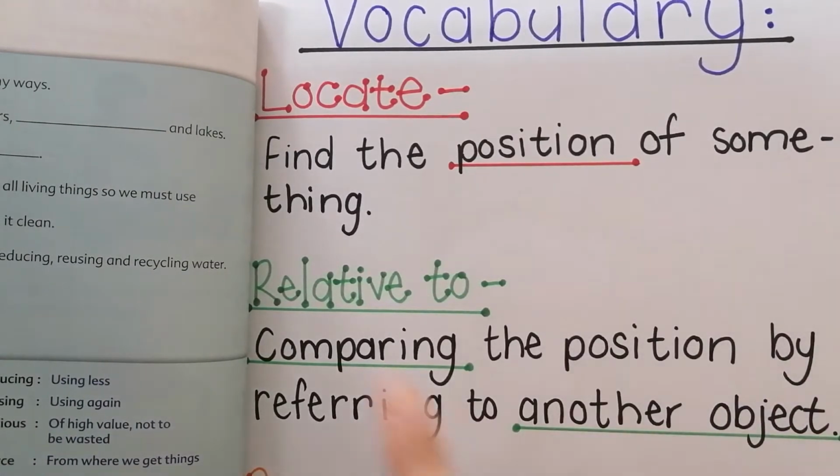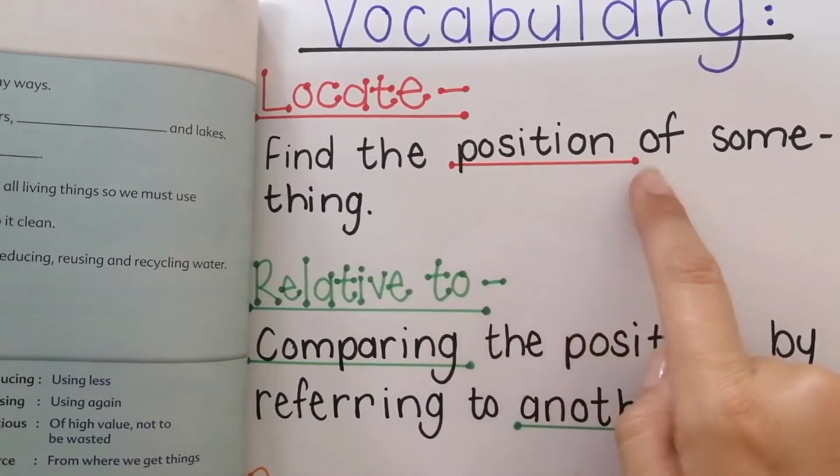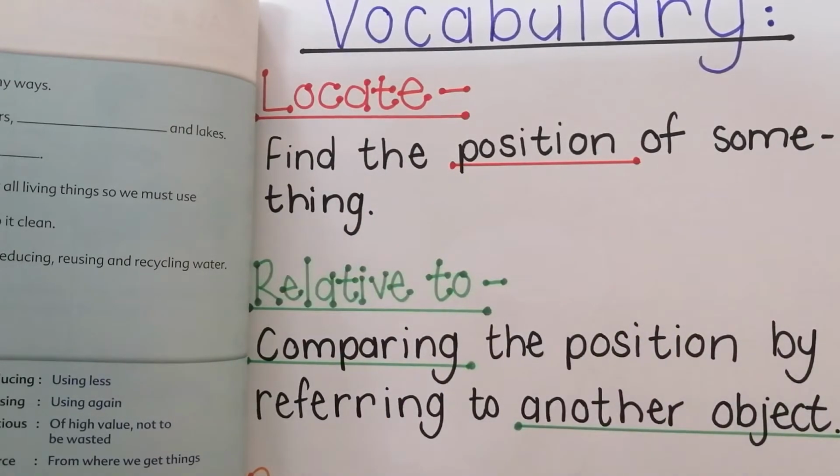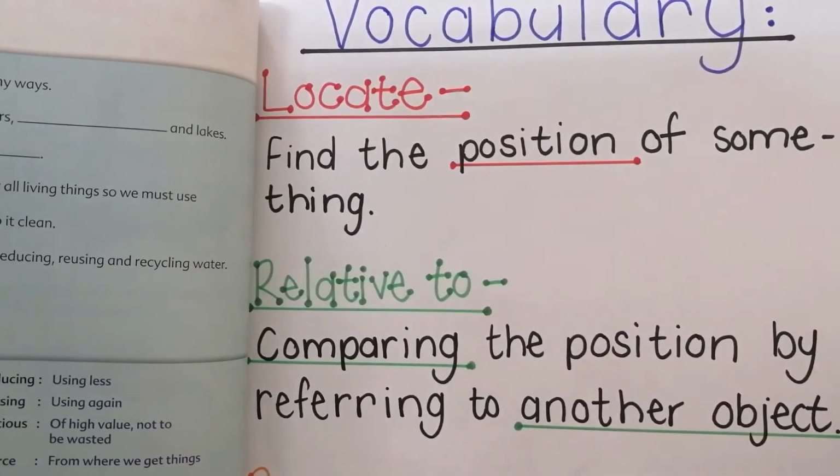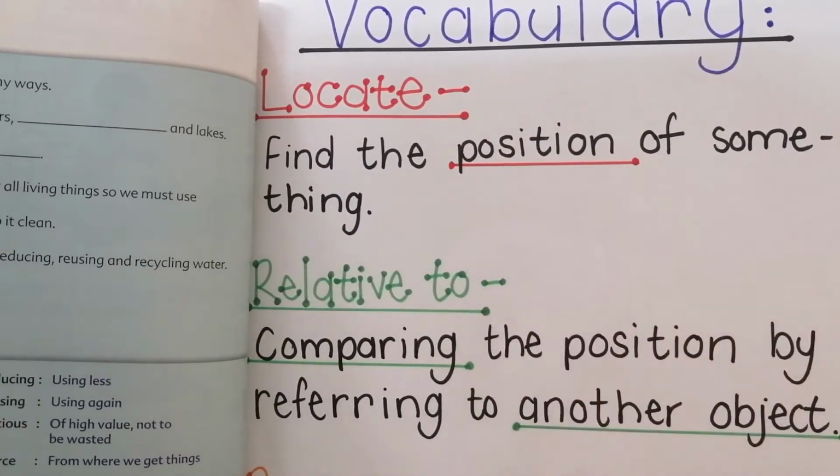Locate means find the position of something. So if I say to you, please could you locate your pencil? That means, could you find the location of it? Could you please find it? Keyword being find. Okay? And position.